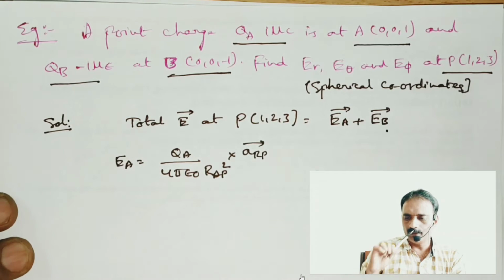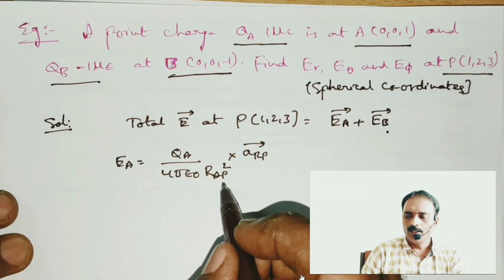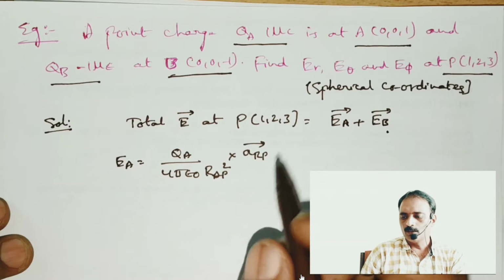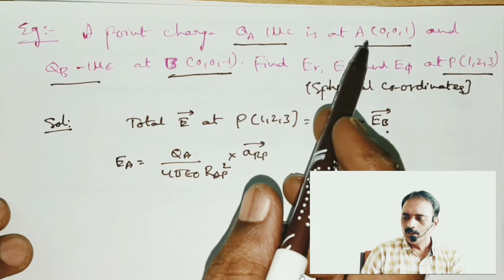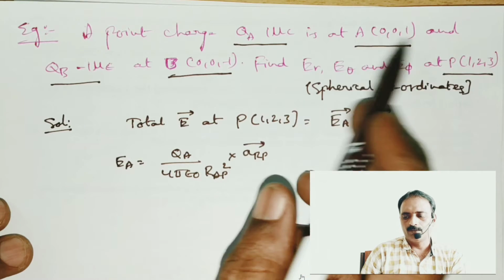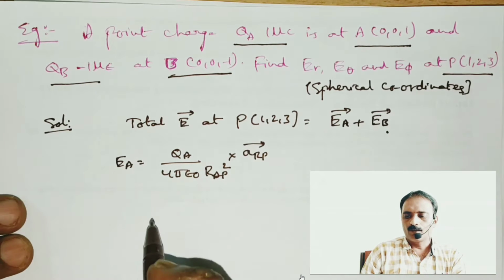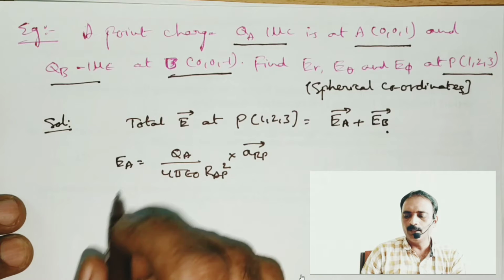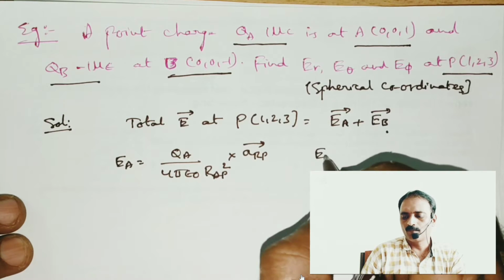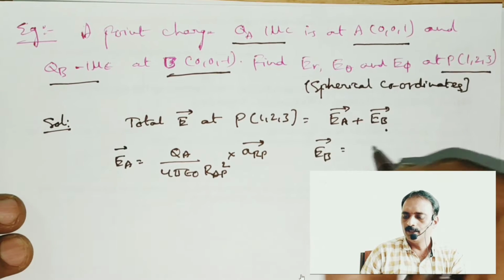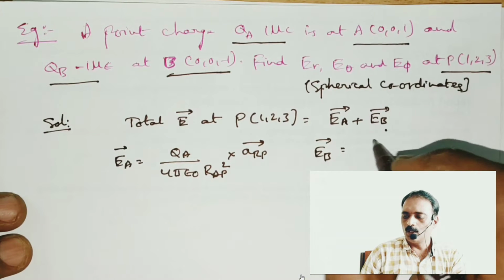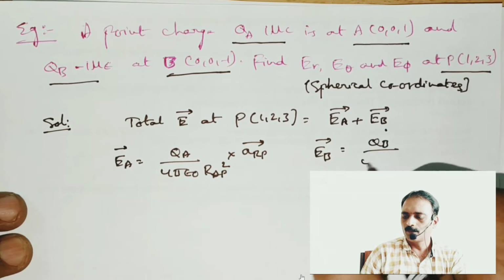Here RAP is the radial distance between the point A and the point where we have to find the electric field intensity. Similarly, ARP is the unit vector in that direction, and EB bar is equal to QB by 4 pi epsilon naught R BP square into A BP bar.